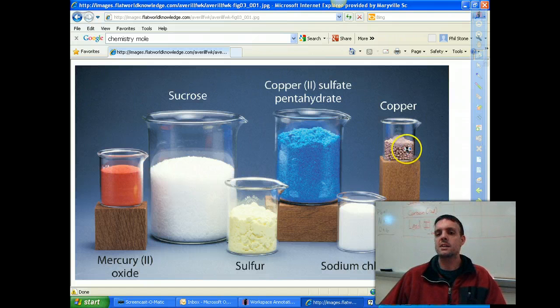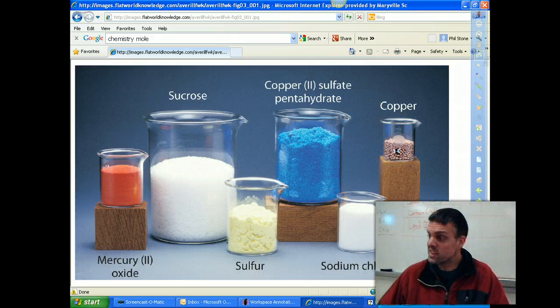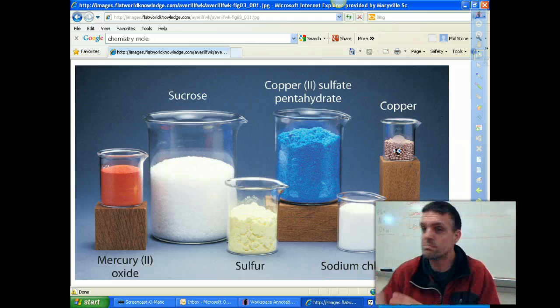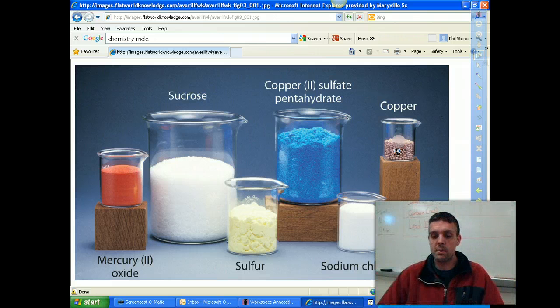How did the scientists that put that in there know how much to measure out to know that they had a mole? This is the discussion we've been having. You go to a periodic table, you look up copper, and there's about 63.5 grams of copper in that.